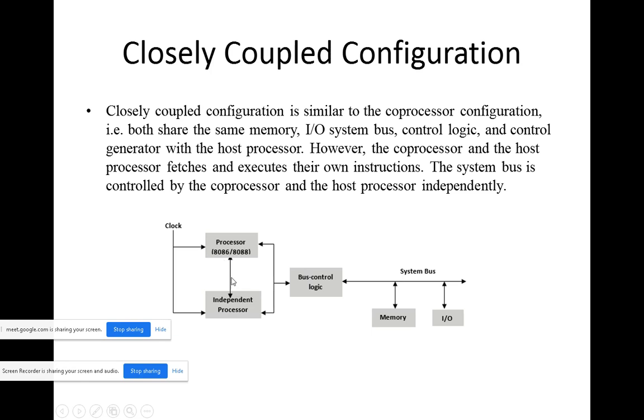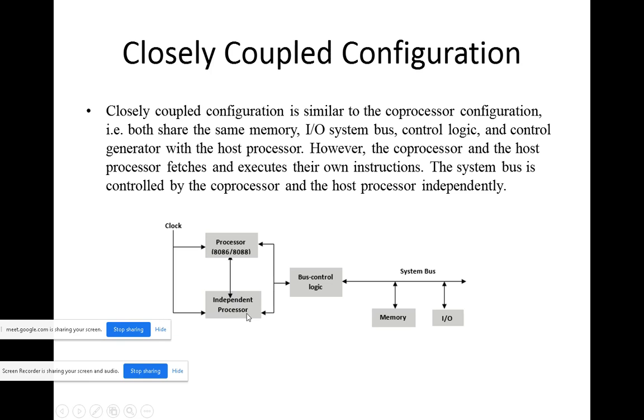Okay, so your core processor will depend on the host processor for all the processes in the co-processor configuration, but here the independent processor will be independent in all the work, all the tasks, with respect to the host processor. Okay, so without depending on the host processor, it can work independently. That is why it is called independent processor.